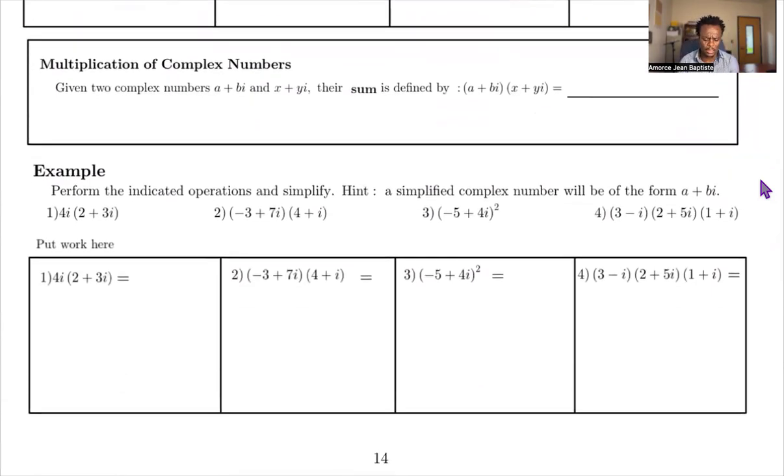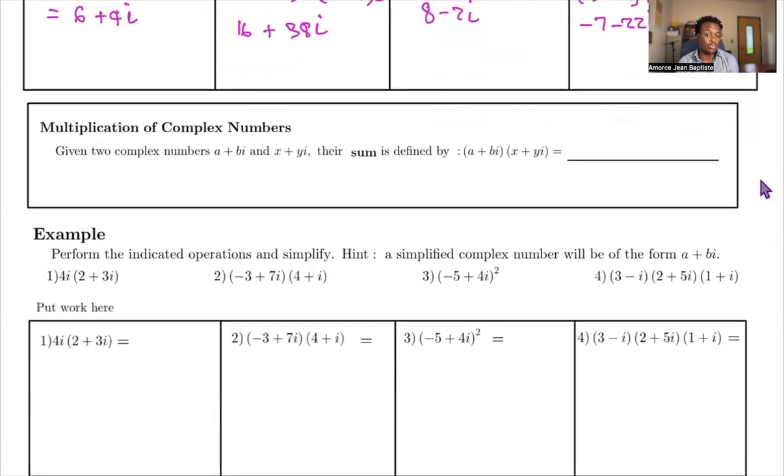The multiplication of complex numbers is like FOIL. So we FOIL: ax, ayi, bxi, or let's say bx instead.